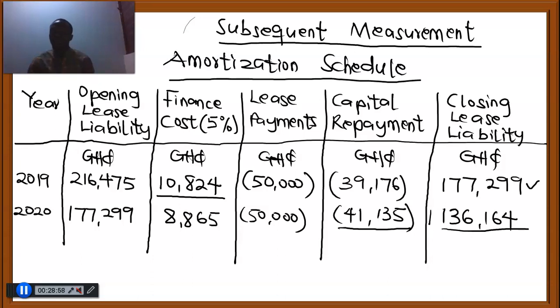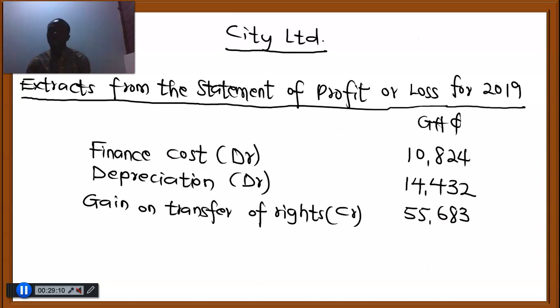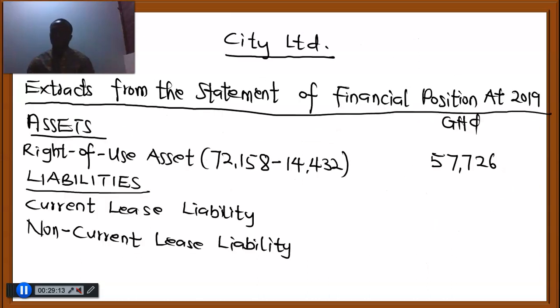When we sum up the two, we are going to get the closing lease liability of 177,299. So these are the components of the closing lease liability.